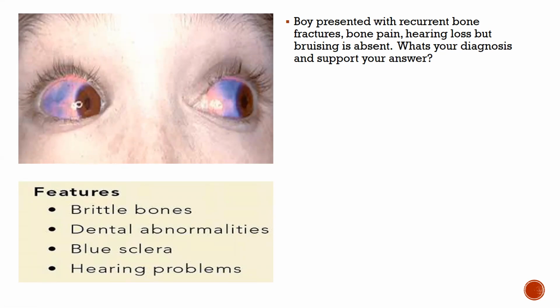Anyone? So the kid on the screen has a blue sclera, as you can see. But the case that was formulated here says the boy presented with recurrent bone fractures, bone pain, hearing loss, but the bruise is absent.